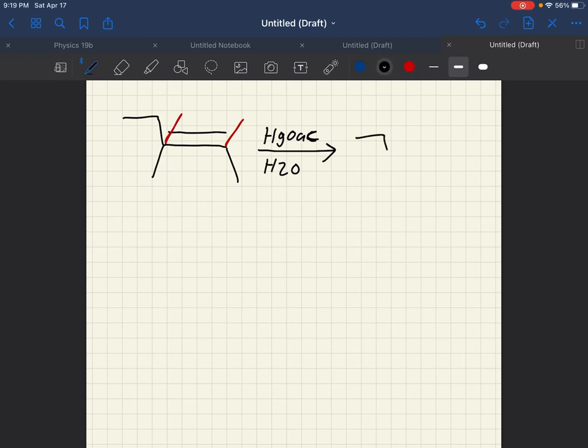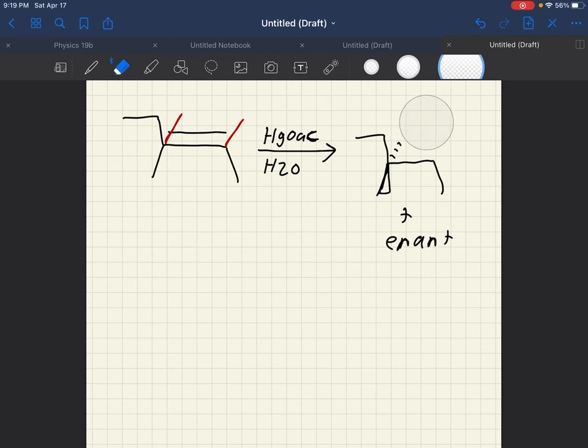So then it's going to give you a product that looks like this, plus the enantiomer. That's all that would happen here. And you wouldn't even have to really show stereochemistry for this one. I mean, you can, but no real sense. But that's what would happen for the Hg(OAc)2 with that H2O.